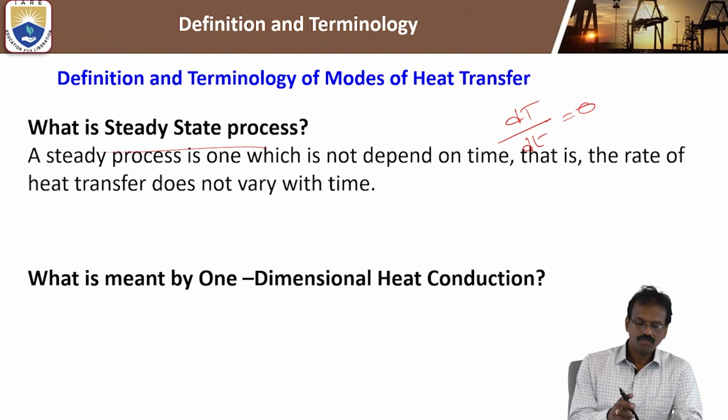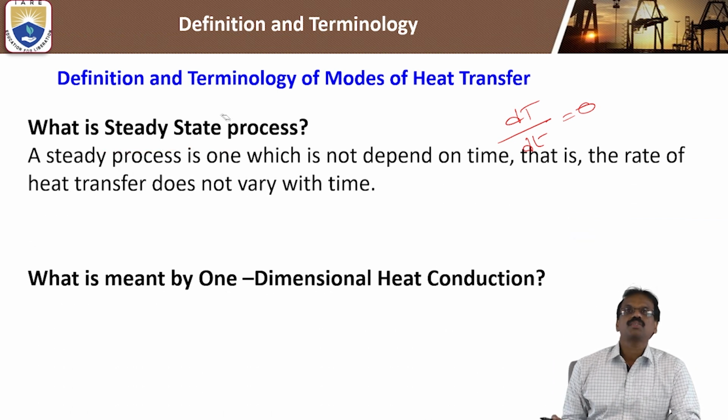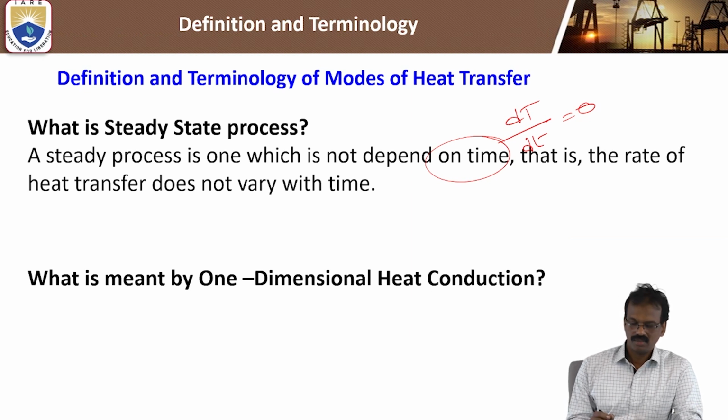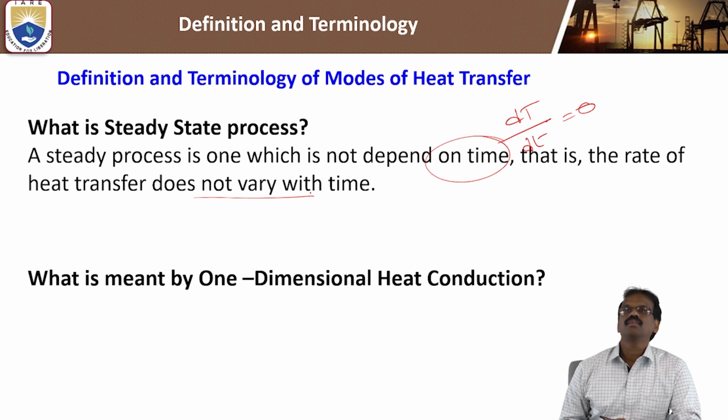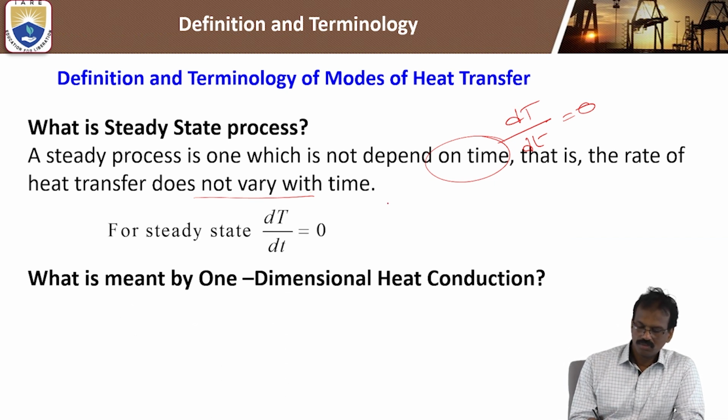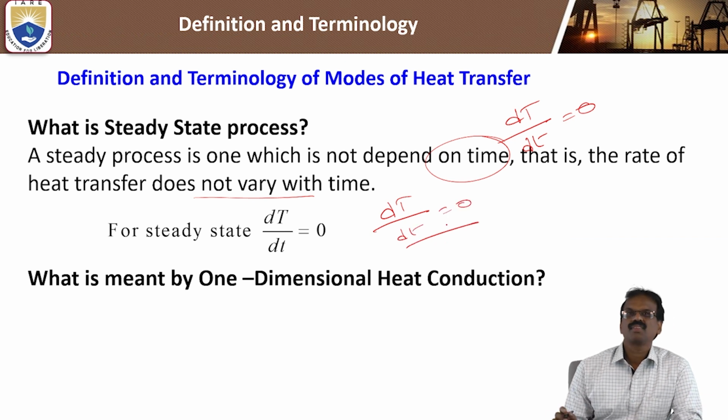A steady process is one which does not depend upon time, that is, the rate of heat transfer does not vary with time. So dT by dt is equal to 0.